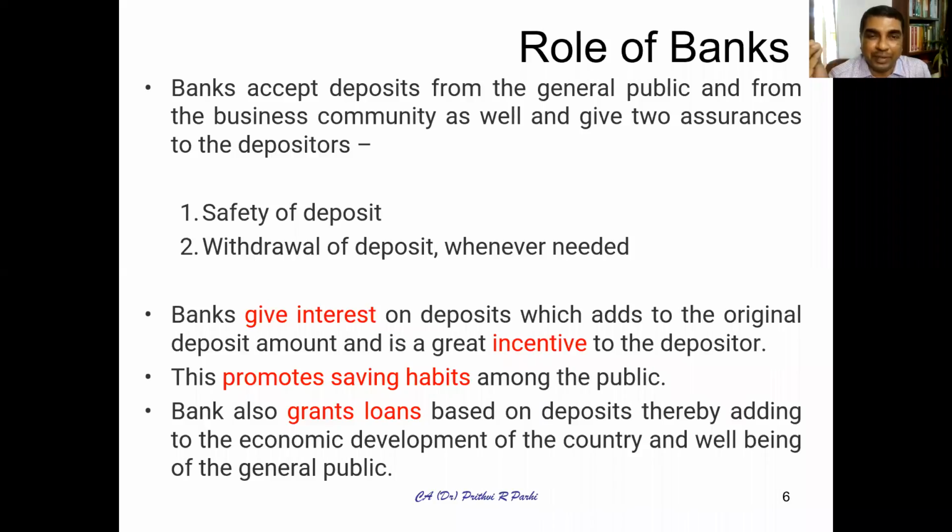Depending upon the liquidity and the risk involved, the interest rate varies. Varies in the sense, suppose liquidity is more in the case of a pure saving bank account. Why is it so? Because the moment you want, you can withdraw it.